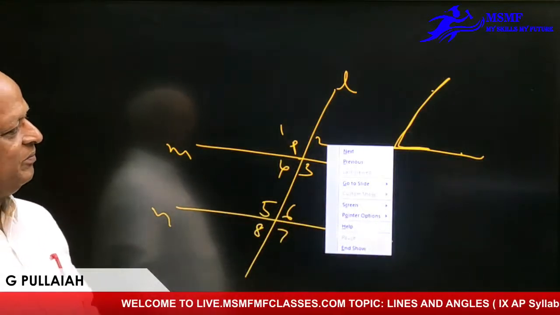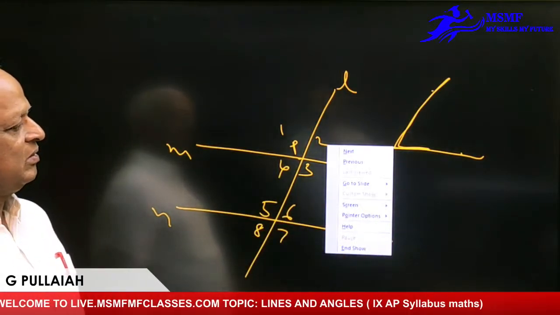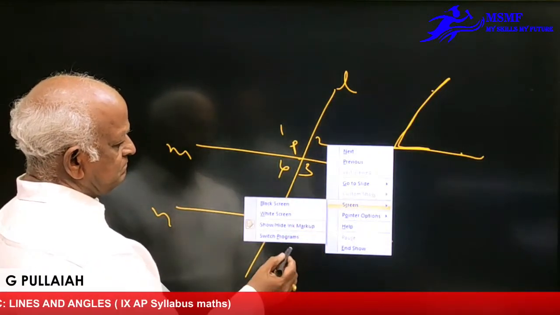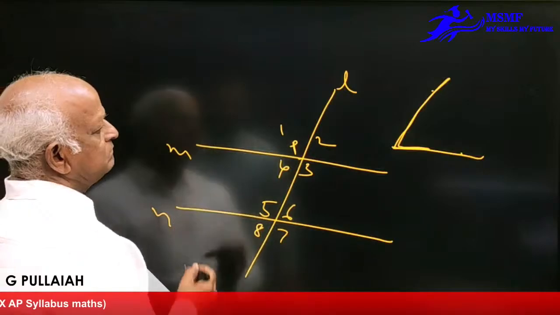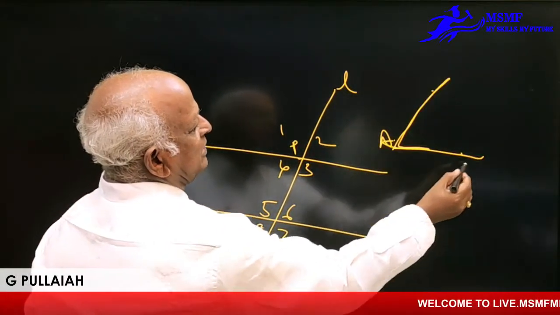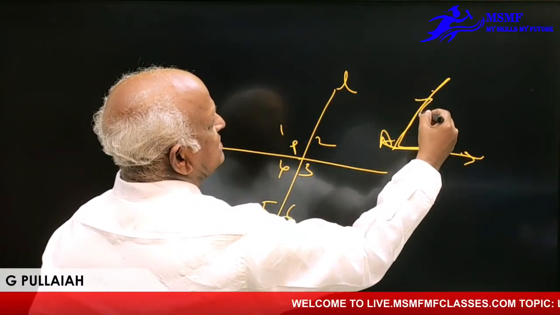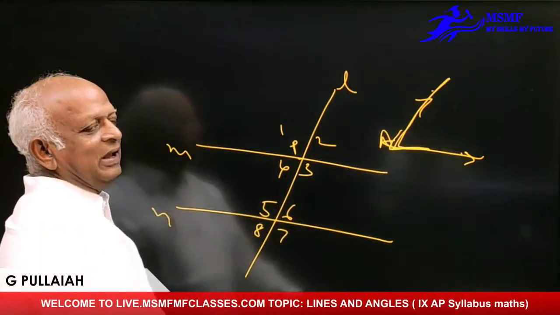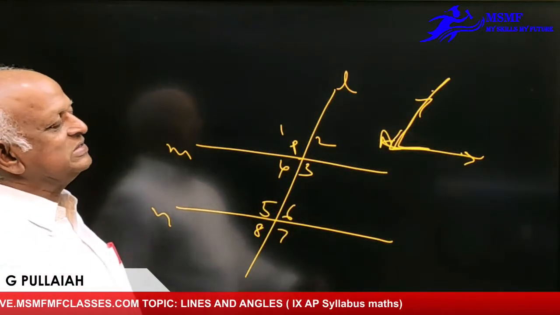So here A is a common point, and this is a line, and this is a line. And these two lines have got a common point here. That's why here you can say this is an angle.